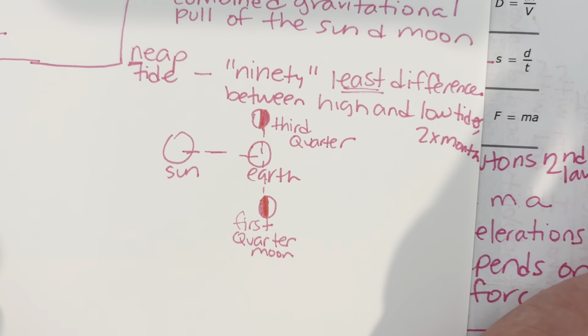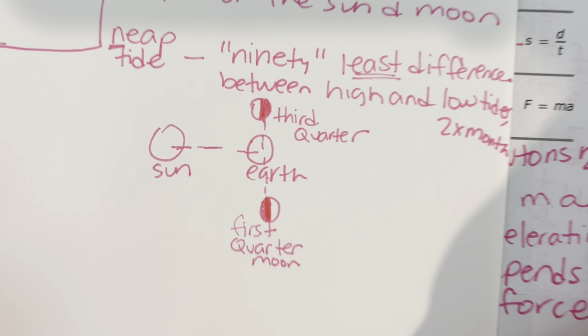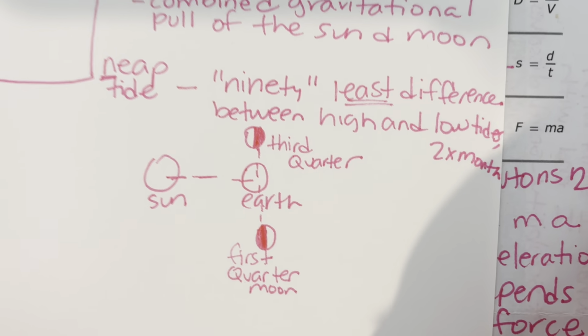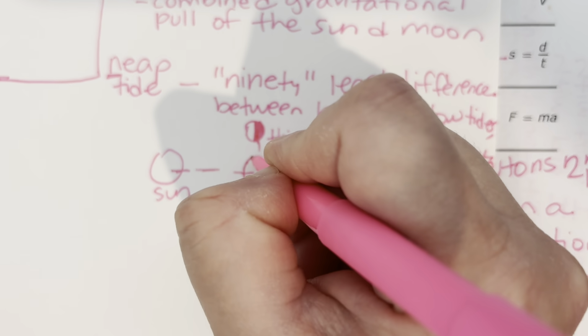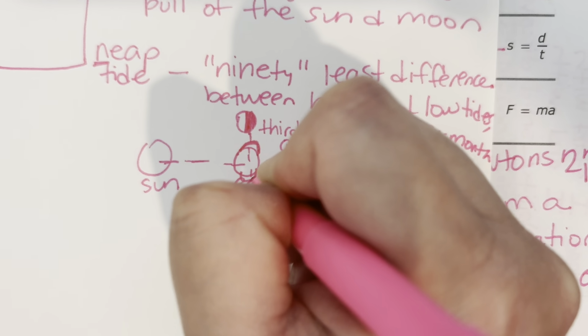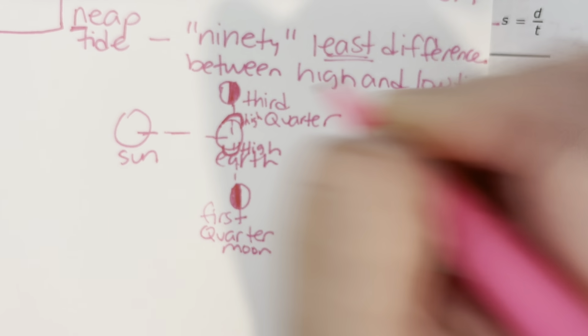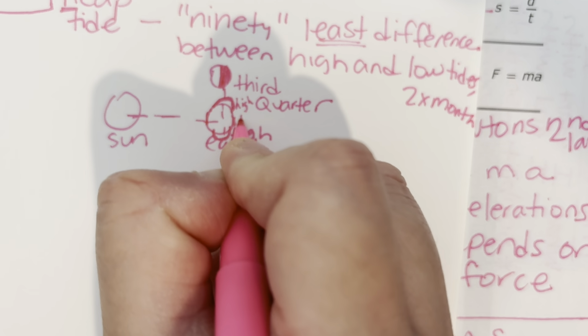Okay, so now here, we said it's the least difference between the tides. So if I were to draw my high and low tides here, remember, our high tides are always where our moon is. So my high tides would be here. This is high, high, right? My high tides are facing the moon. And then my low would be on the other side.